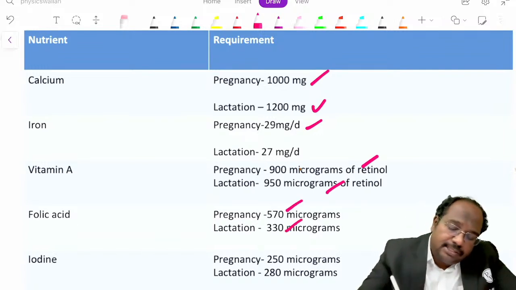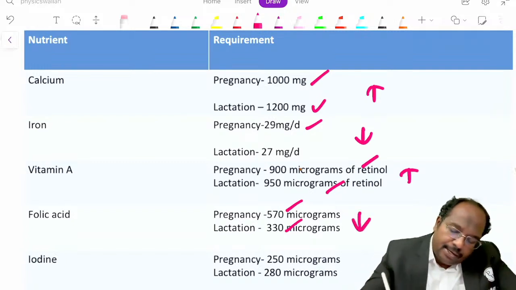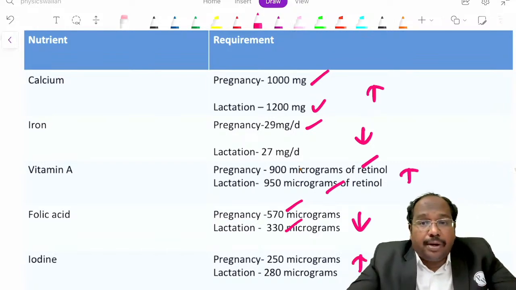Okay, so if you see, more is required, less is required. Folic acid you require less, actually. And iodine you require slightly more of.